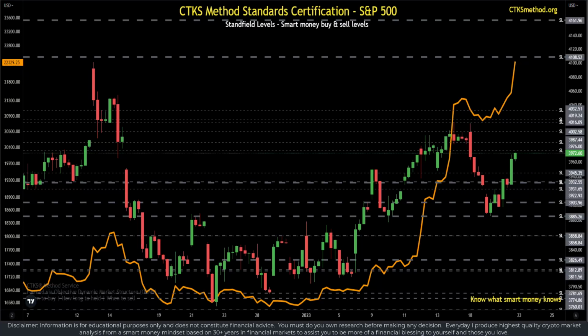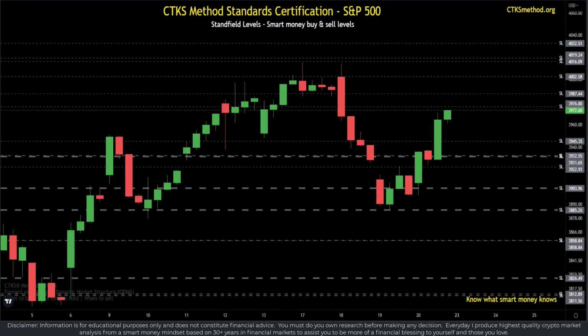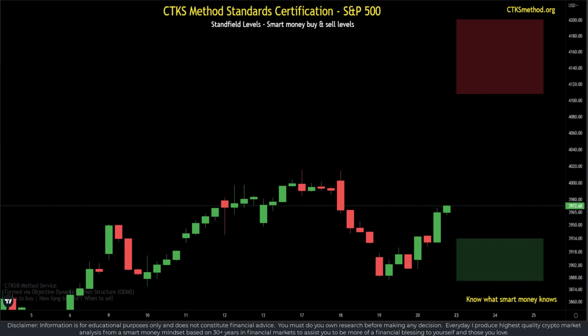We're seeing a lot of optimism coming into the crypto market. And when it comes to the S&P 500, we can see that we've got quite a few smart money buy levels beneath the current price. To simplify the whole process down, when you're looking at price between the 38.84 to the 39.33 level, we're going to find quite a bit of support.